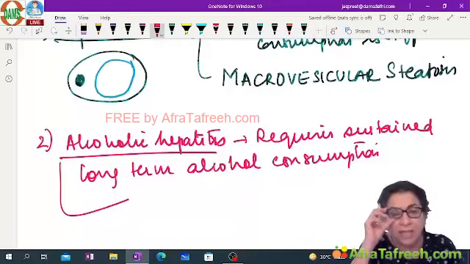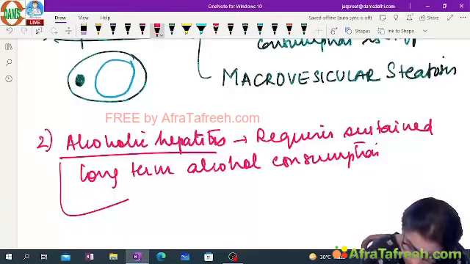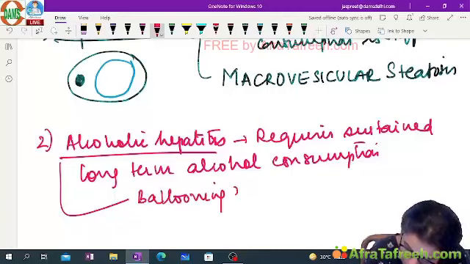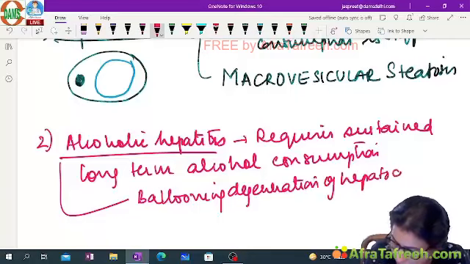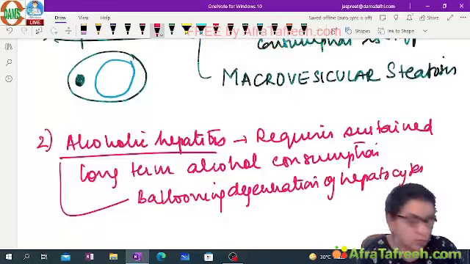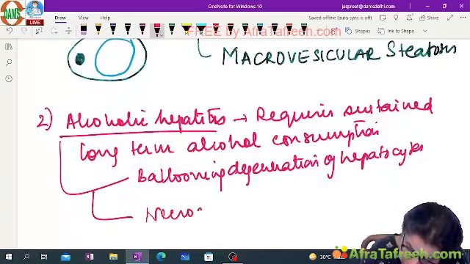Number one, the alcohol damages the hepatocytes. Hepatocytes swell up. So first we see ballooning degeneration of hepatocytes. So what is ballooning degeneration? Swelling of the hepatocytes. Second, necrosis of hepatocytes, so they start dying.